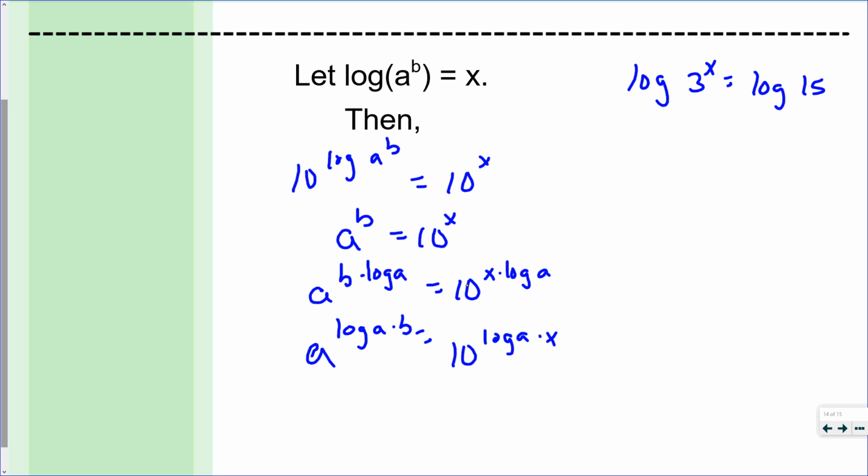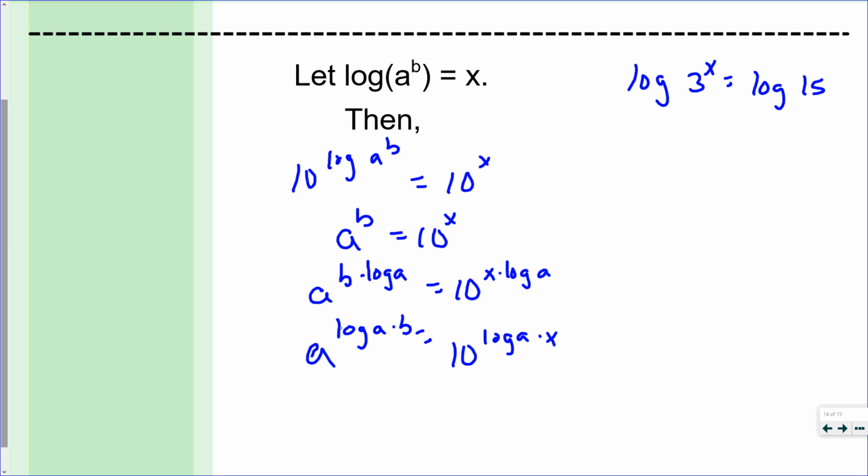Huh, that's interesting, right? Why would I do that? Okay, so now I'm going to look at this side over here. At first, you realize, well, if I just cancel that out again, I'm just going to be left with a, right?